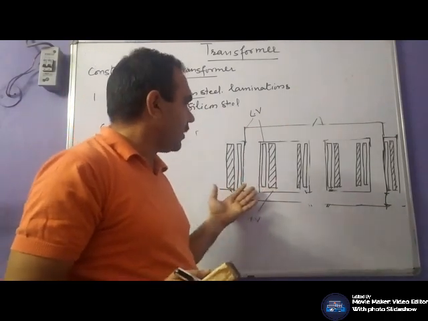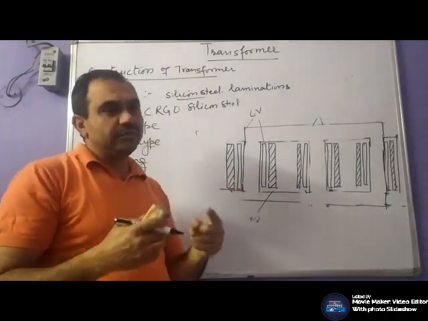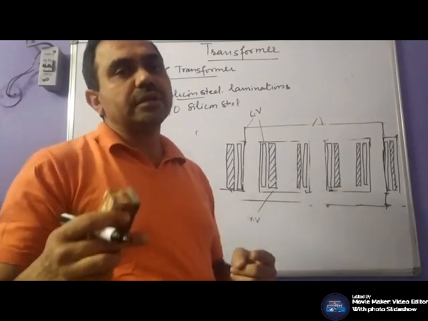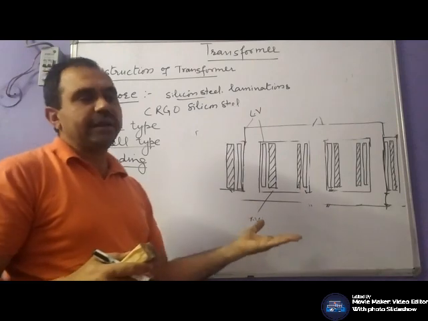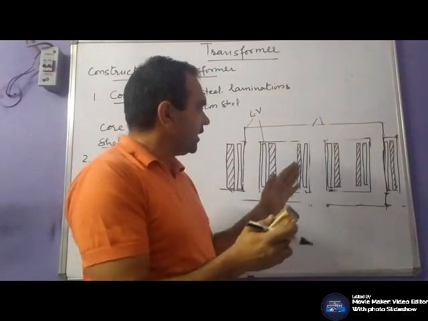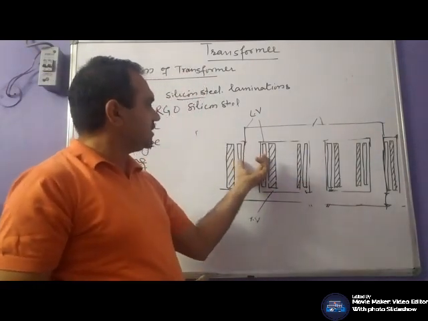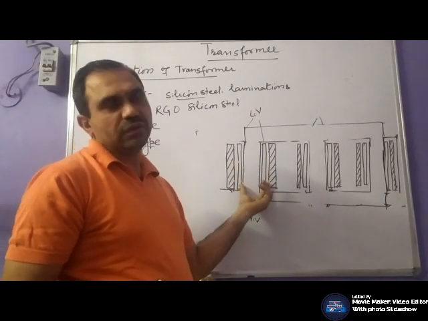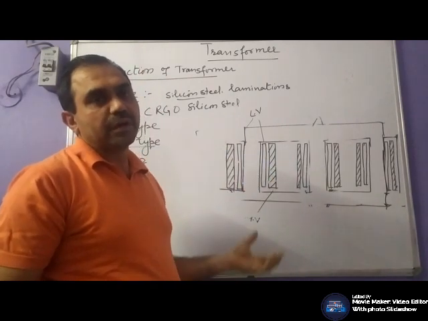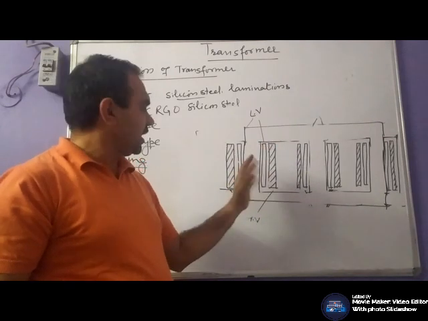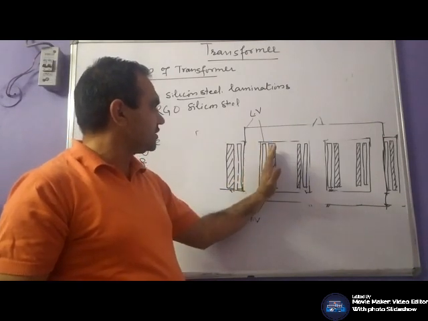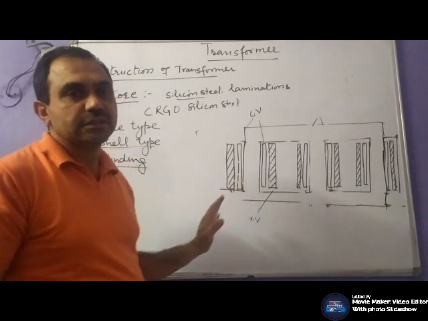For higher power applications, we use paper insulation on the windings, and these windings are separated from each other by another insulating material, which could be paper, cardboard, or some other insulating material placed between the core and windings and between the windings.